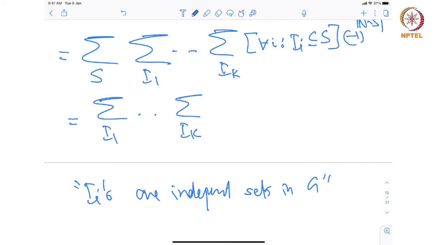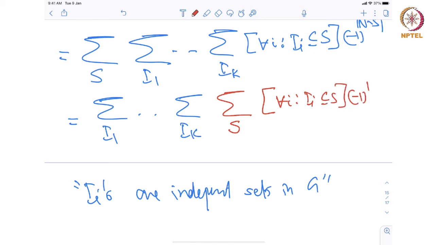So I am going to sum over k independent sets, but they should only contribute when. First I collected k independent sets, and now I am going to sum over S. This is an important point. Now I took up k independent sets, and these k independent sets could be contributing to several S. So this is a summation, okay, for all I a subset of S, (-1) to the power n minus S. Okay.